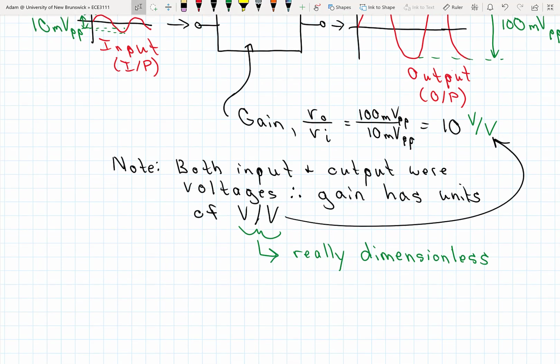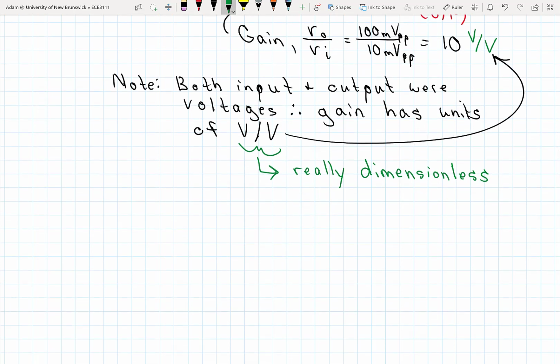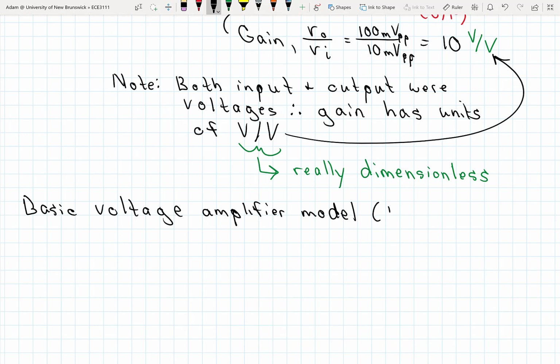Okay, so that's just a generic black box look at an amplifier, and in this particular case a voltage amplifier. From that we can develop a model of a voltage amplifier. Okay, so let's look at what a basic voltage amplifier model might look like. And we're going to start out with a model that's ideal.